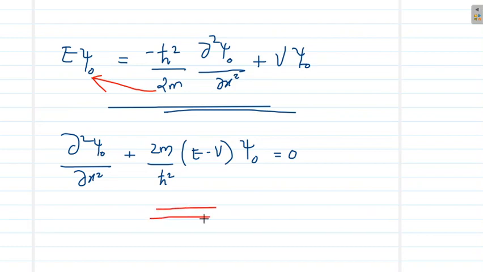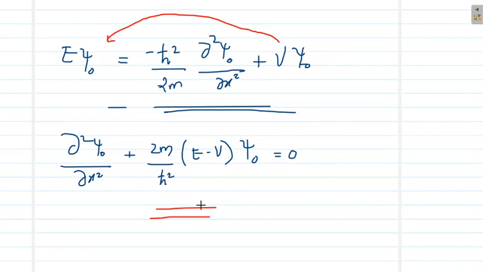You can prove that ∂²ψ0/∂x² plus 2m/ħ² into (E minus V)ψ0 equals 0.